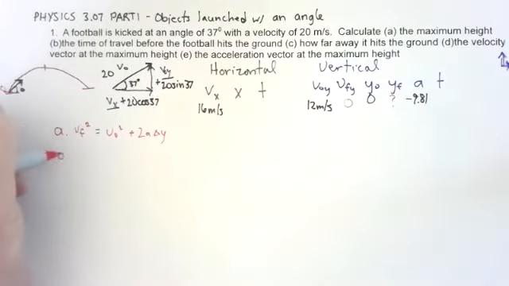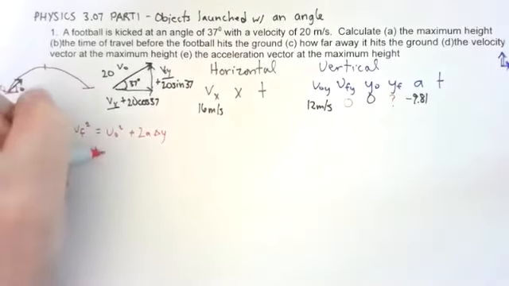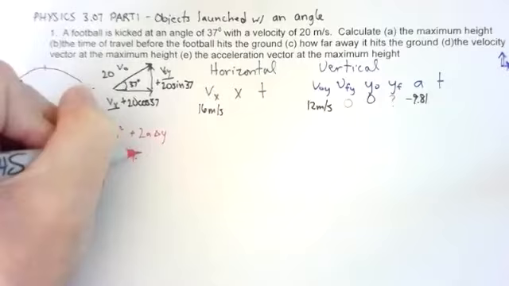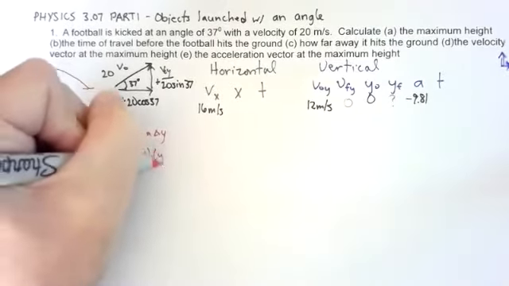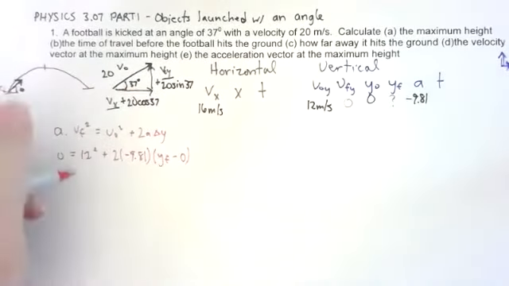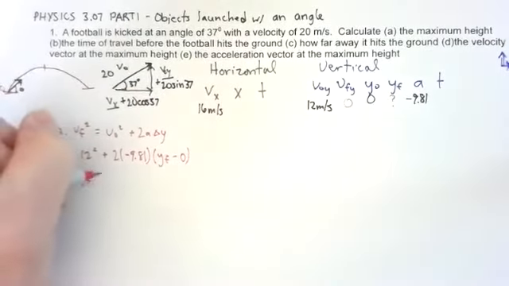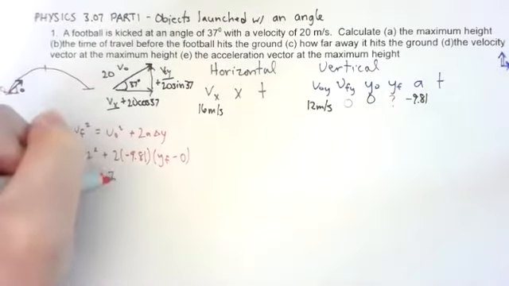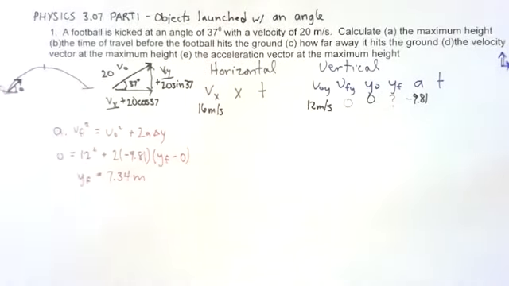So that's going to become 0 is 12 squared plus 2 times negative 9.81 times y sub f minus y sub o, which is 0. And when I solve, I get a y sub f value of 7.34 meters. So my height here is 7.34 meters.